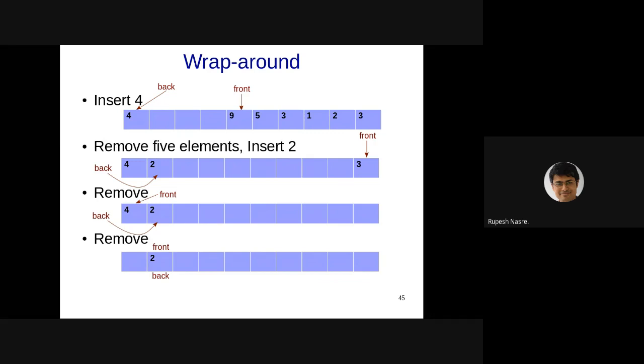Okay. So Shania says, what happens to front and back if we remove 2? That's a good question. You guys suggest what should happen if you try to remove 2.